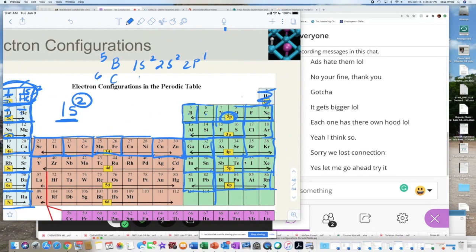Carbon has 6 electrons: 1s2, 2s2, 2p2. Now we're dealing with 7 electrons for nitrogen. So you see the trend, right? And of course you can see 2p1 goes with this position, 2p2 goes with this position. So what will the full configuration be for nitrogen? It's kind of like a puzzle.